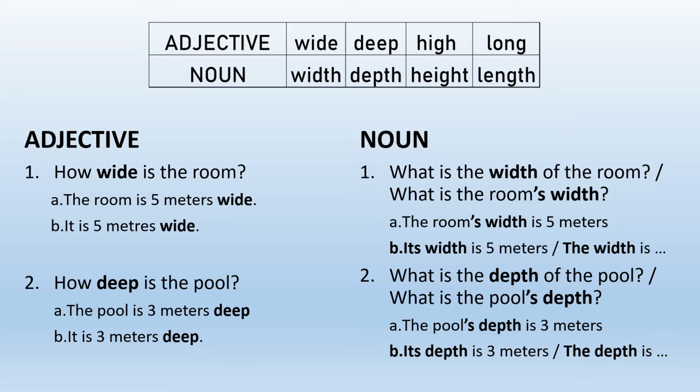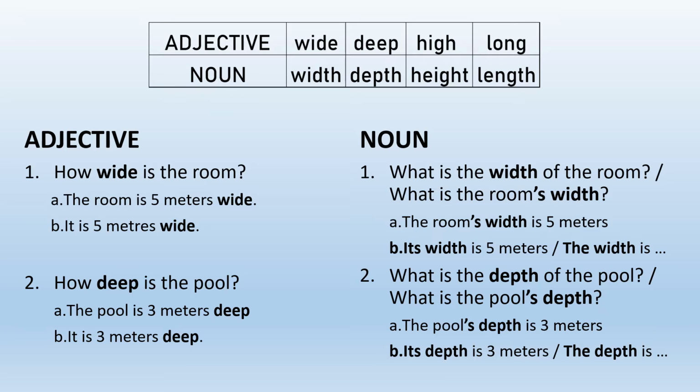The answer, the room's width is 5 meters or its width is 5 meters or the width is 5 meters. Or another answer, the width of the room is 5 meters. So we are going to use the noun one.